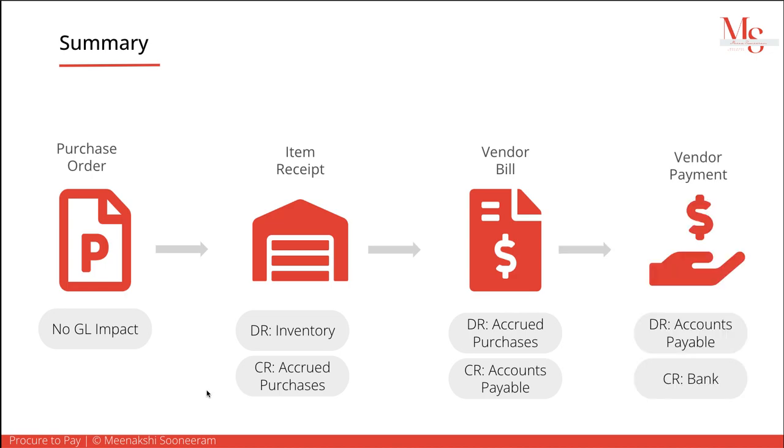Finally, when paying your vendors, you decrease your bank balance and decrease your AP as well. So in the end, you cancel whatever is in your accrued purchases and accounts payable accounts, and what's left is basically you bought some items into your inventory and you paid your vendors for those items.